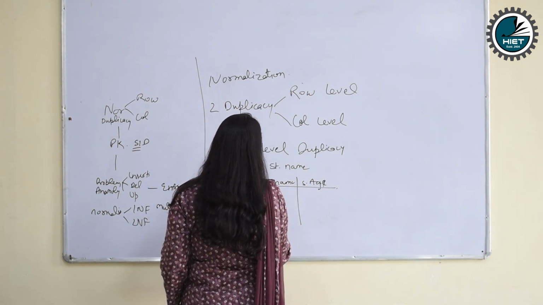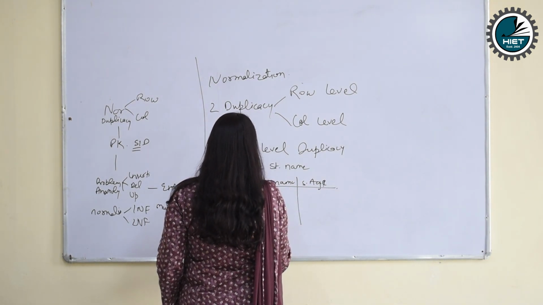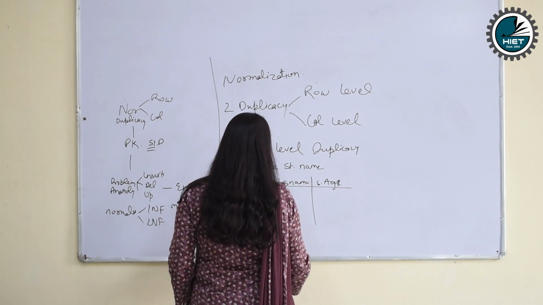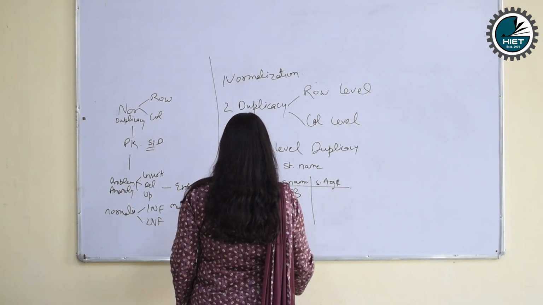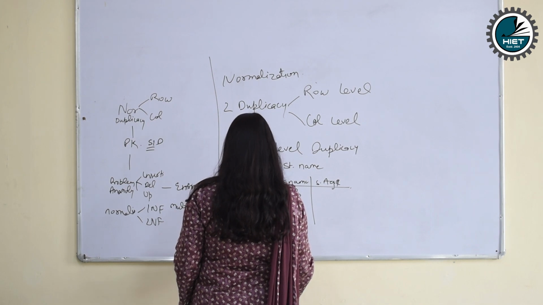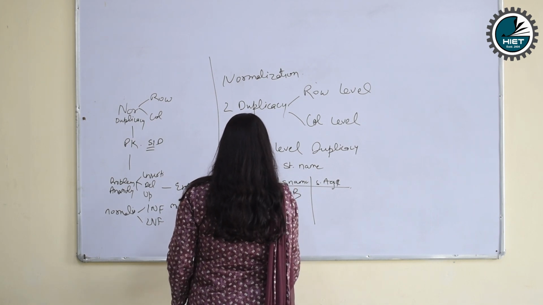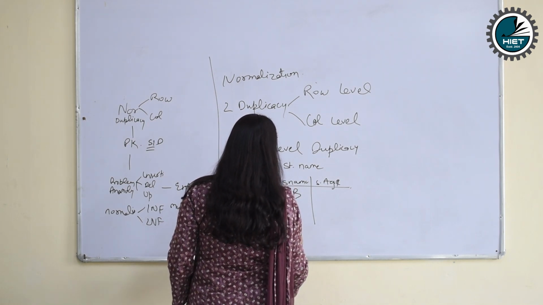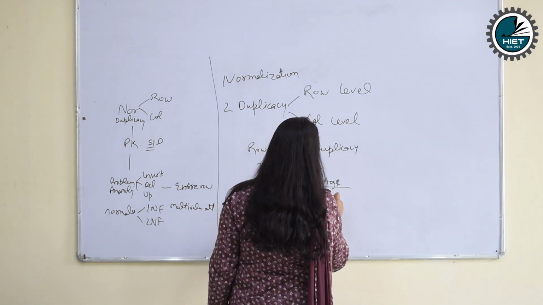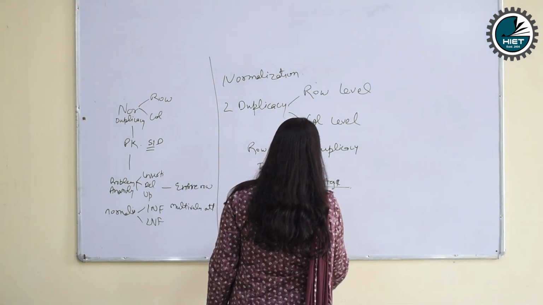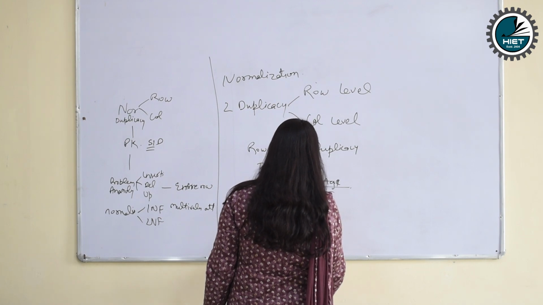Student ID is 1, 2, 3. Student name AB, CD and AB. Age 15, 16 and 17.